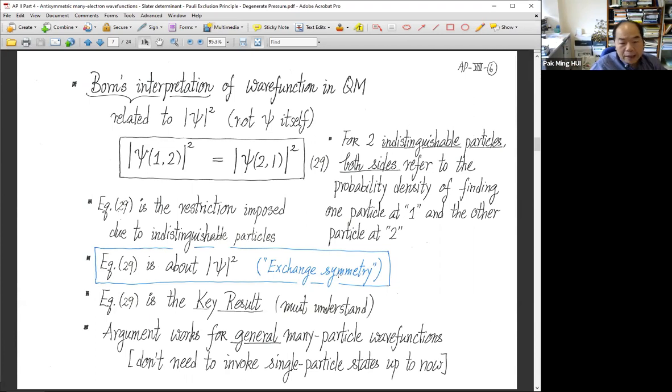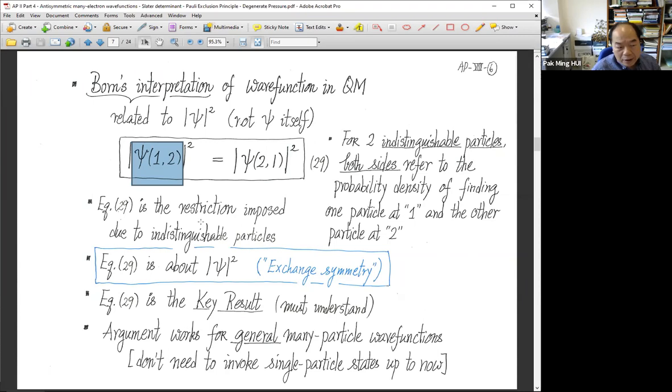A key idea up to now is that, I hope you know at this point, we have not explicitly referred to a particular way of writing down a two-electron wave function.